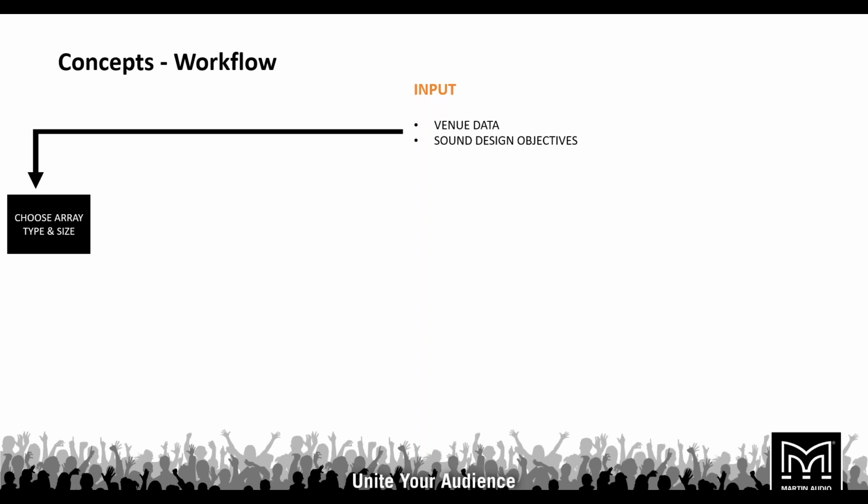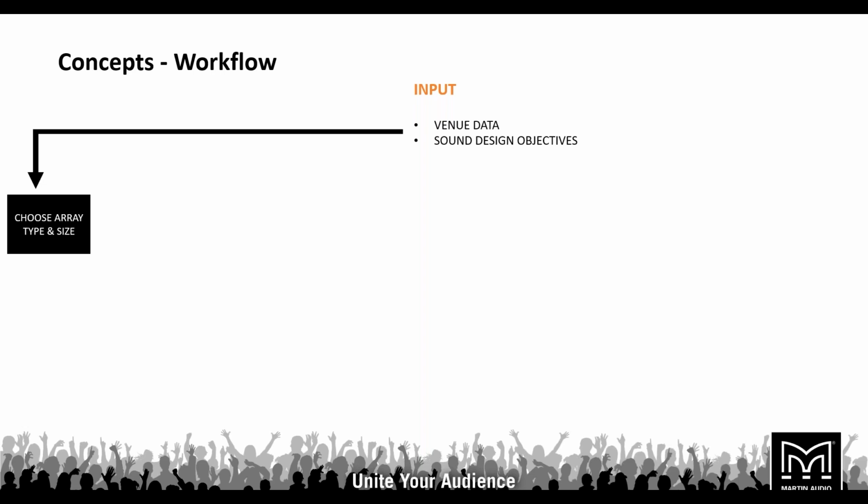We have our venue data, our measurements, our dimensions, our limitations, all of those things, and our objectives, meaning where our audience is, where our audience isn't, if there's anything that we need to avoid in front of the PA, behind the PA, what our SPL target is, our SPL variation. So we come full of ideas to the software, and the software is going to do a lot of calculations for us. So this is how it begins.